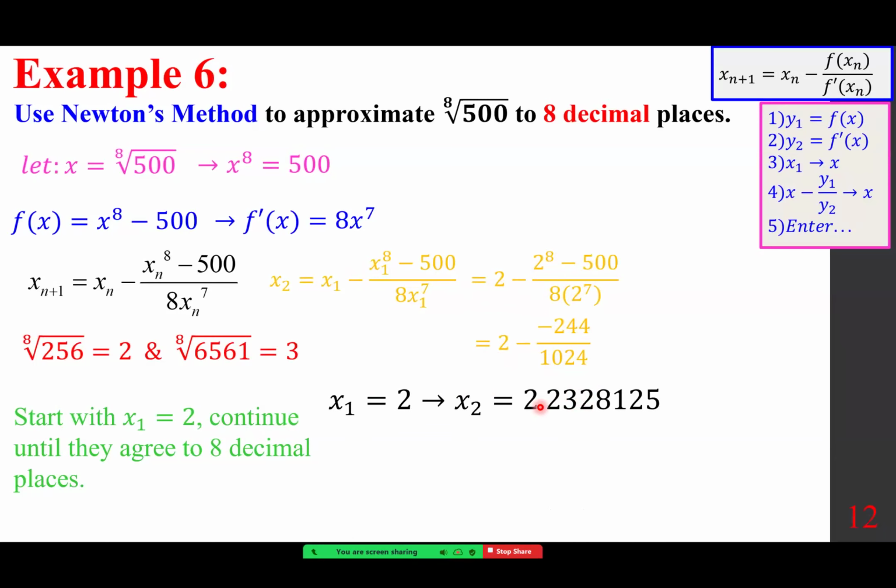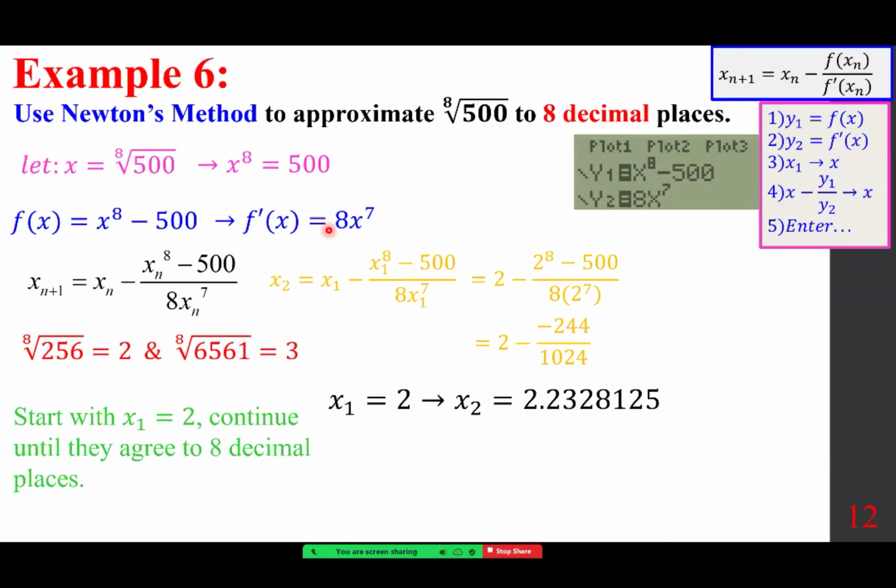Now, clearly, if I want to go with x sub 3, I should write x sub 3 is x sub 2 minus f of x sub 2 over f prime of x sub 2. And this is a crazy number, and that would be a good time to use a calculator. So into y sub 1, you put f of x equals x to the power of 8 minus 500, and y sub 2 equals f prime of x, which is 8x to the power of 7.